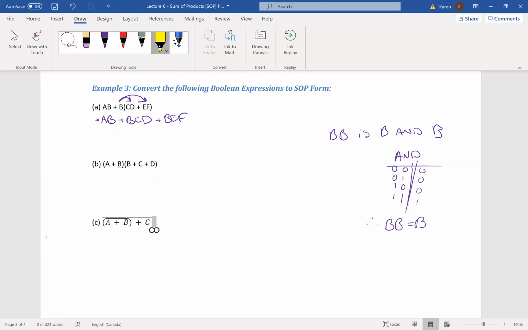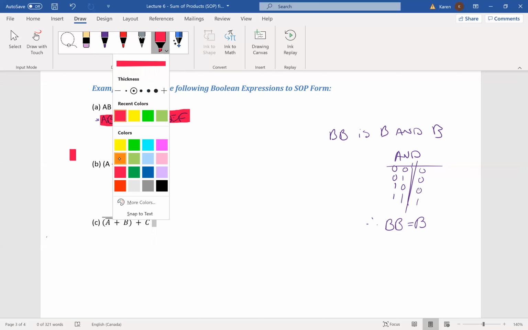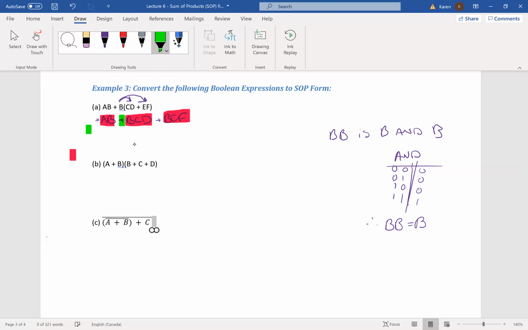And now I have my products and the sums. This is sum of product form. That's all there is to it.